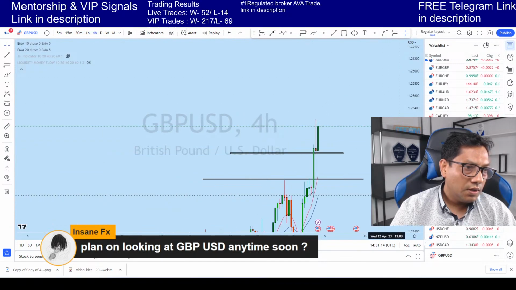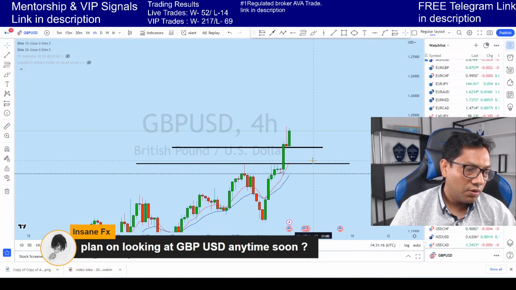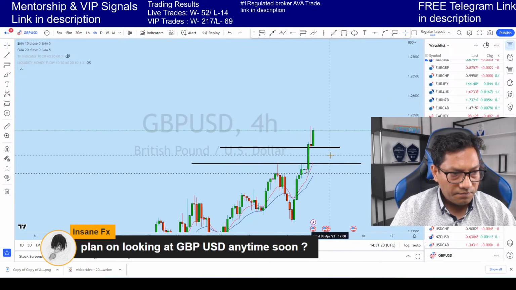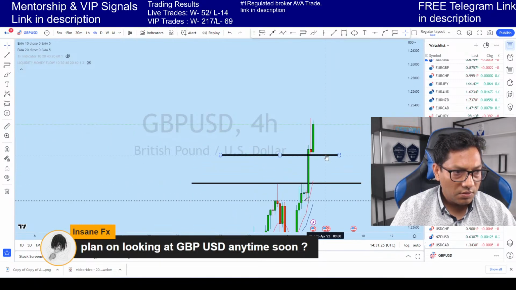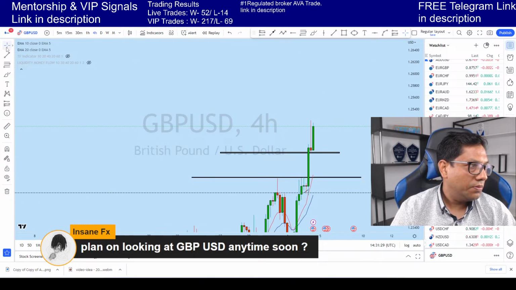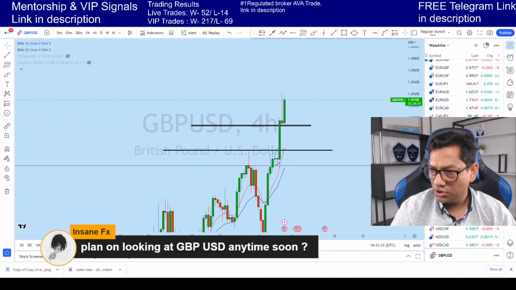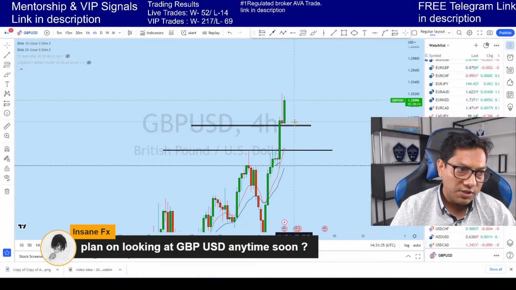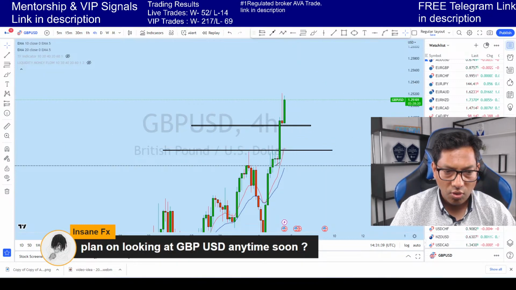Okay, I'll really wait for this is at the top, and any kind of pullback, okay, liquidity gap will give us a potential entry opportunity on GBP USD. So it's a bullish market. Okay, so for me, I need to see the support, the price has come to an important level, and then we can go long.